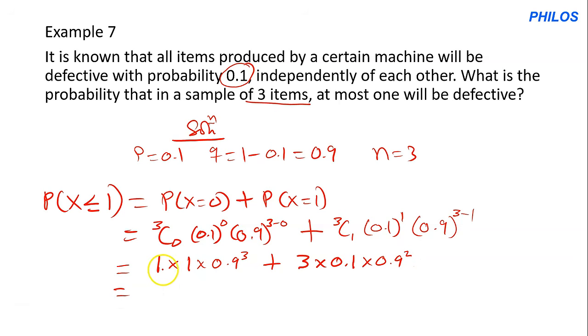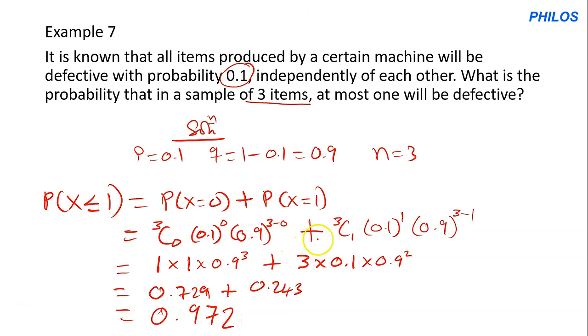Now when you simplify 1 times 0.9 exponent 3, you get 0.729, okay, plus 3 times 0.1 times 0.9 exponent 2 will give us 0.243. So when you add the two of them together, 0.729 plus 0.243, you get 0.972. So the correct answer for question 7 is 0.972.